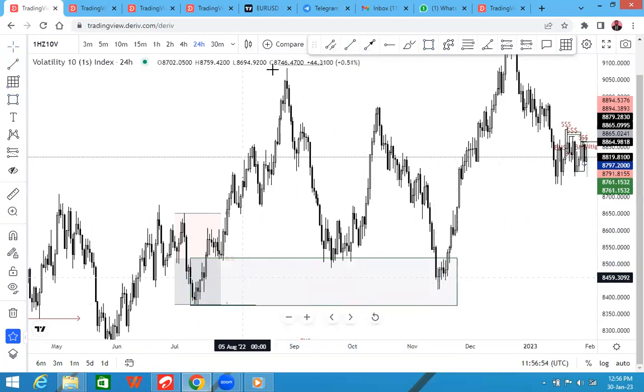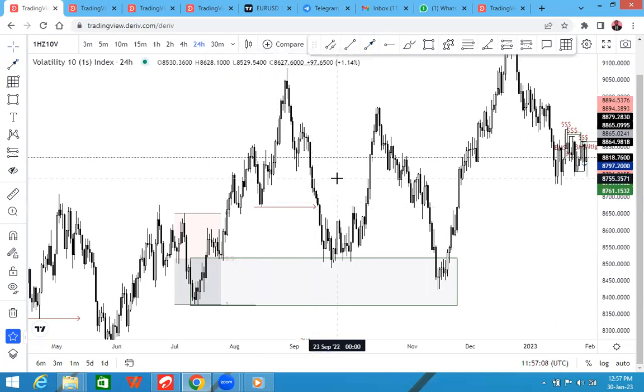Price went up, came to the 50%, taking this liquidity, went up. Price couldn't break. So if you were looking at the market from here, you said, oh, price is selling. This was a break in market structure. And then you entered this imbalance that was here.